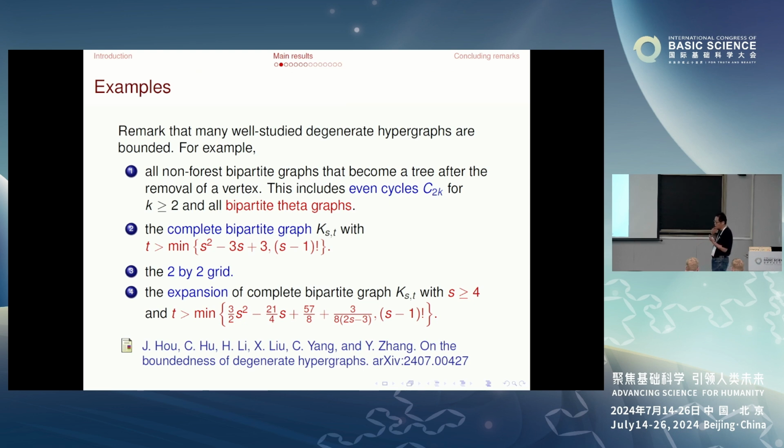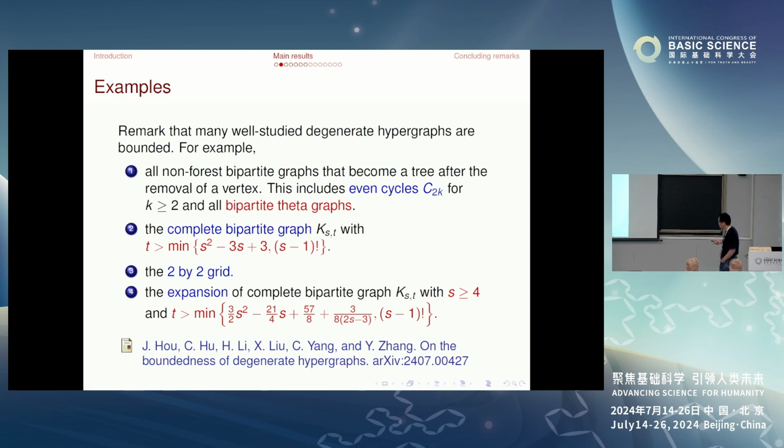If we can remove a vertex such that removing it results in a tree, this graph is bounded. For example, an even cycle is bounded, and the bipartite theta graphs. Another one is the complete bipartite graph K_{s,t}.